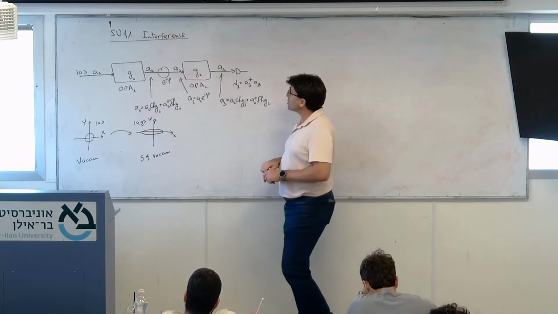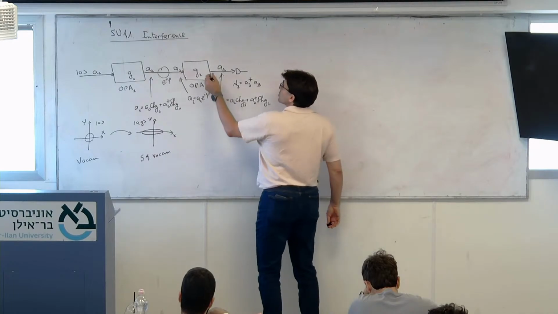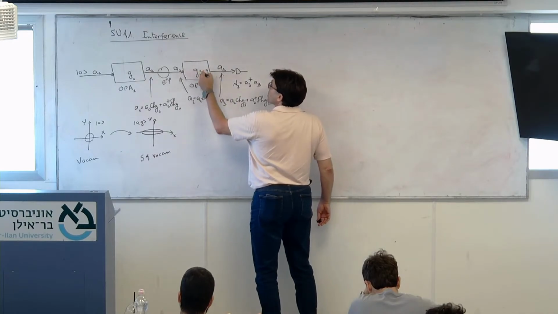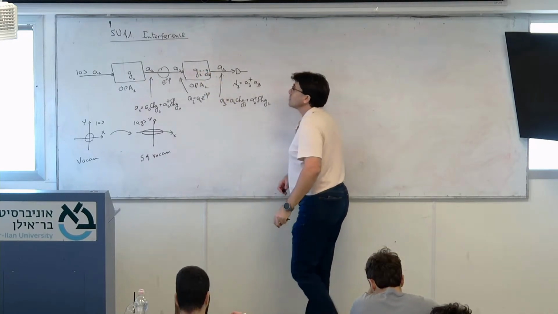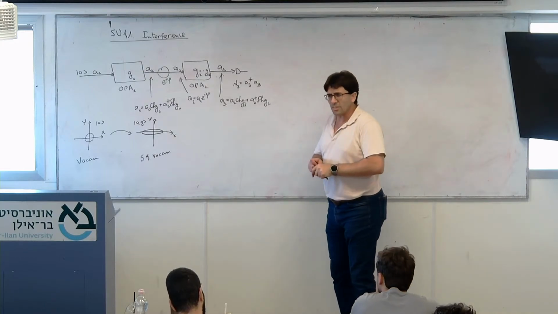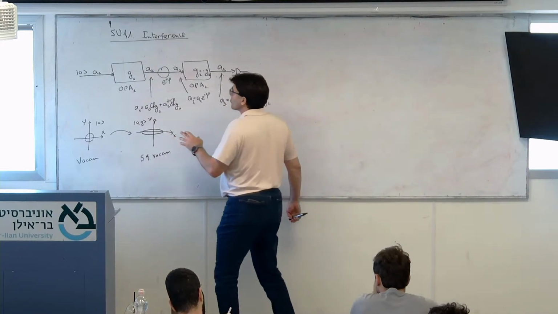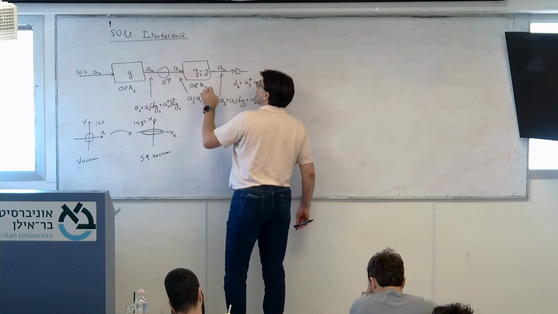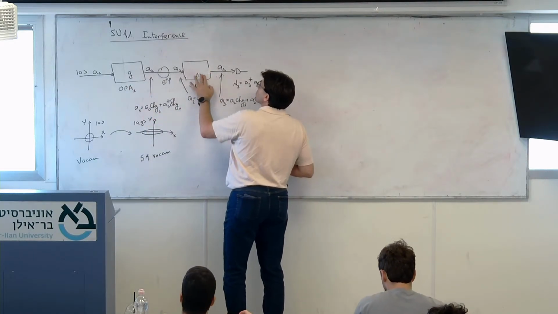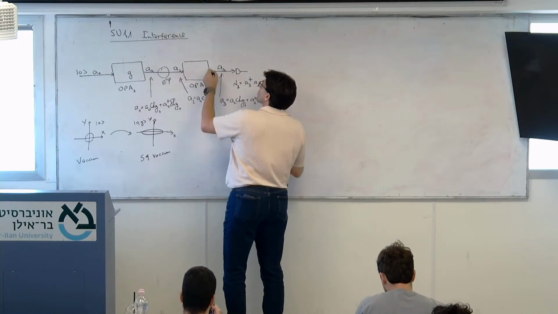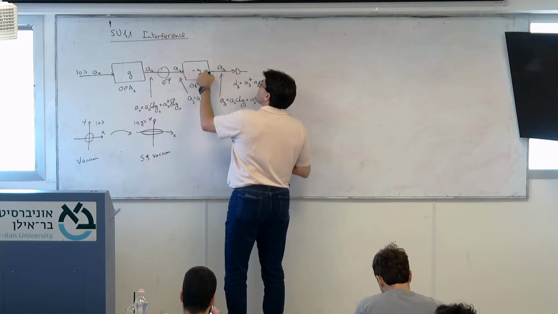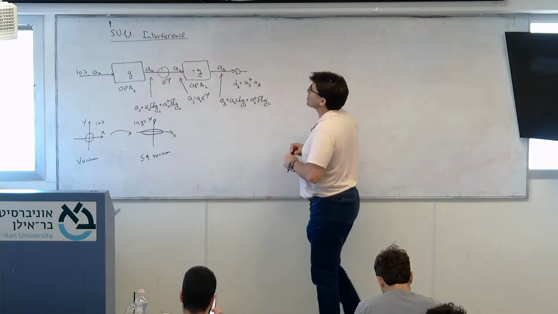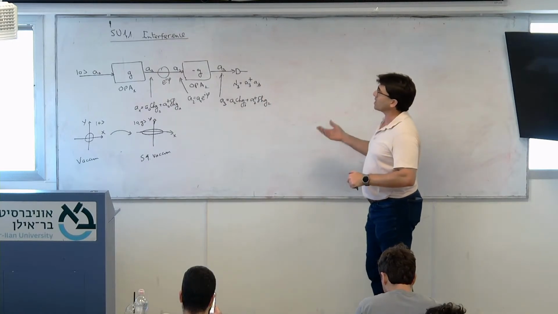Now, let's choose G2 to be equal to minus G1. So let's take that specific case. This one is G and this G2 is equal to minus G. What does that minus G mean? It means that the gain is opposite.